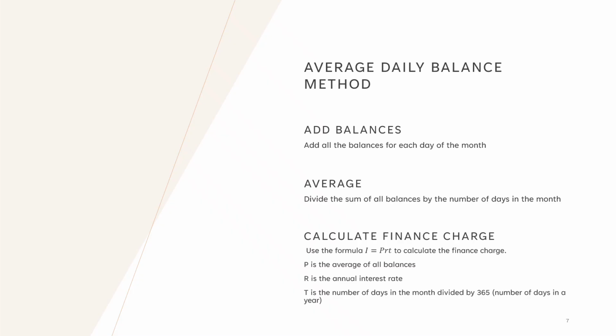R is the annual interest rate. T now is the number of days in the month divided by 365. So we are taking that annual interest rate and the number of years that we are calculating for is whatever number of days divided by 365 to convert our yearly interest rate to a daily interest rate.